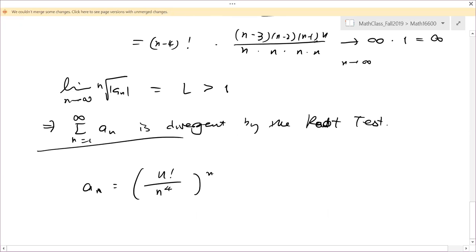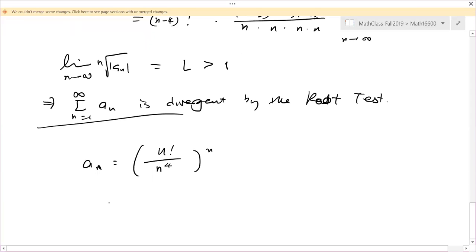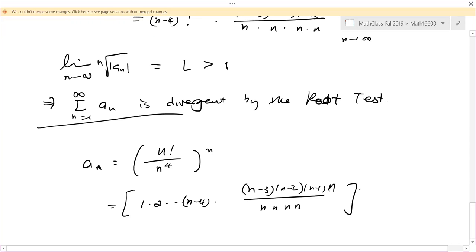And again, for the same reason, if we expand it, it's going to be like this: 1 times 2 all the way to n minus 4, and here's n minus 3, n minus 2, n minus 1, and n.